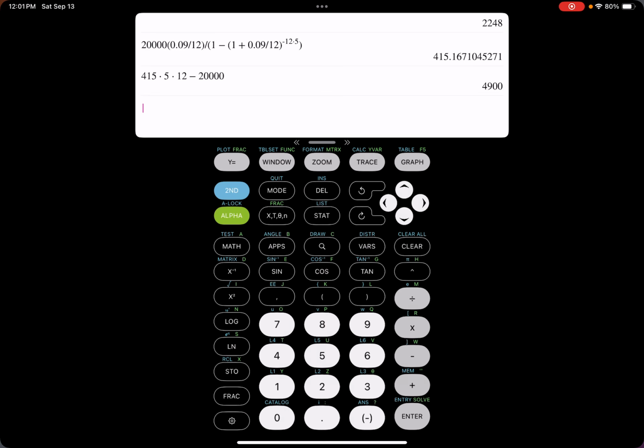So we can use our calculator. Input all of these data. 25,000 multiplied by 0.079, divided by 12. This is my top. Divided by parentheses 1 minus parentheses 1 plus 0.079 divided by 12.